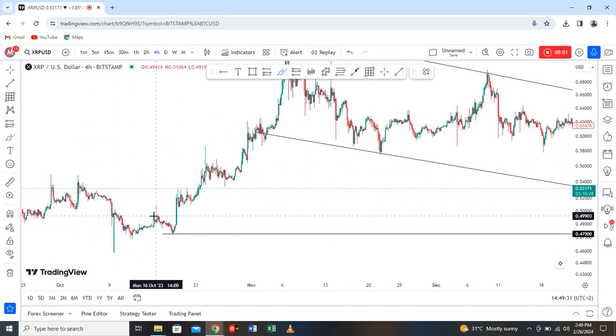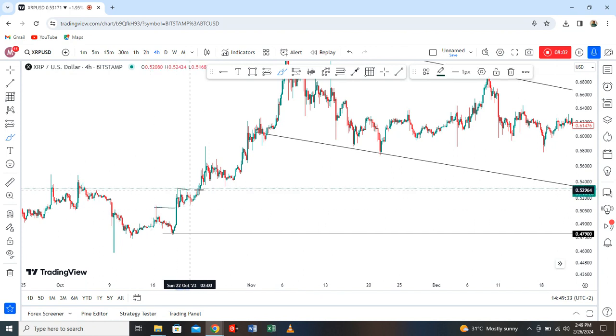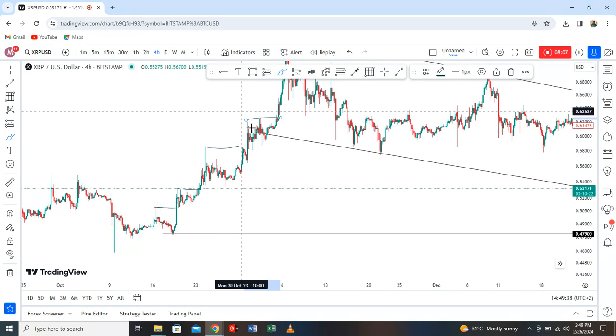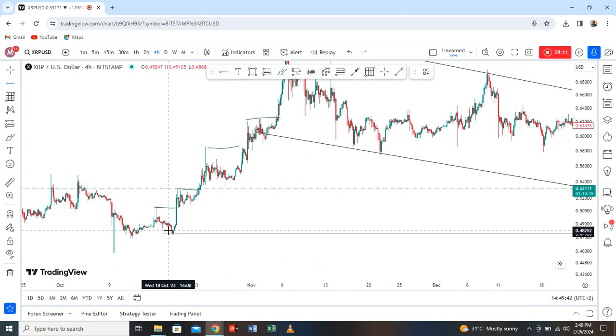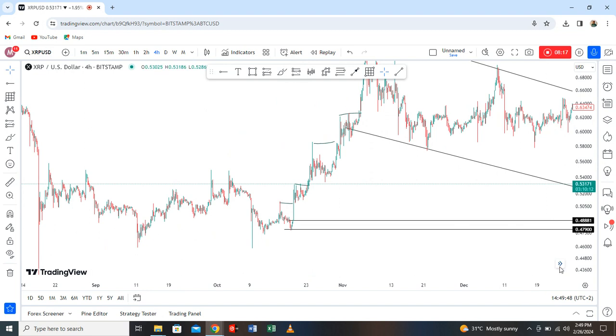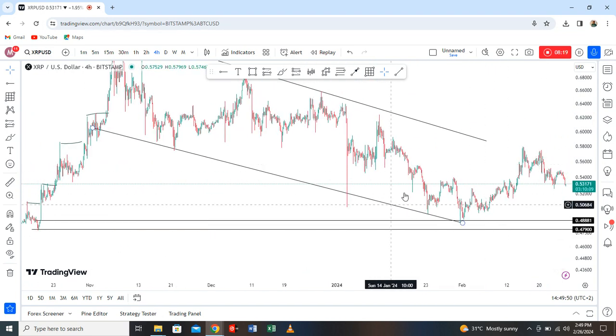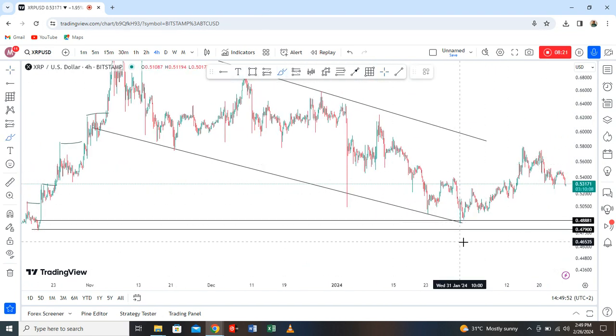Do you now see, guys, that we're having a break of structures, and what was causing those breaks of structures? It was the order block. So here we have an order block, something like this actually. You see that the price came to mitigate the order block here.